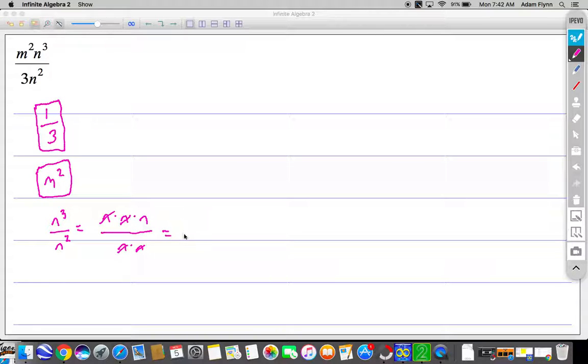So we are left with just 1n. When we combine this answer, we've got our fraction. We know we're going to have a 3 in the denominator, and m squared and 1n in the numerator. So that would be our simplified version of this.